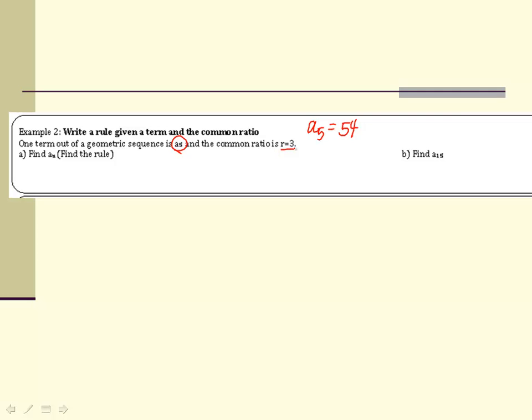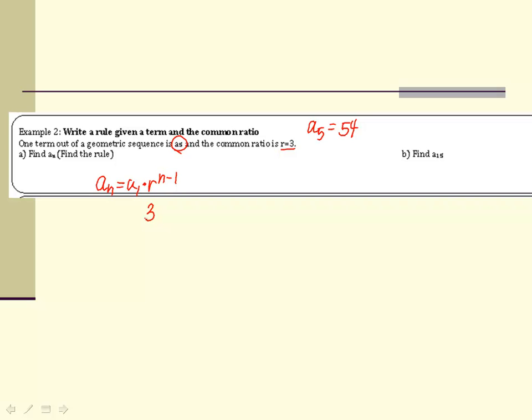So here's what we're going to do. We're going to use our general equation, and I'm going to use some work, so if you need some more space, please be aware of that. I'm going to start with my general rule: the first term times r to the n minus 1. Well, let's talk about what we know. I know r is 3, so I'm going to plug that in.